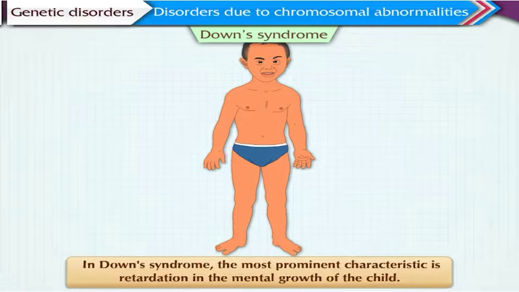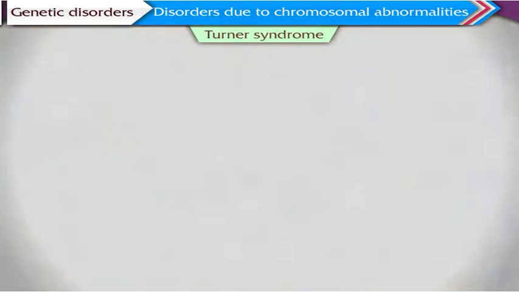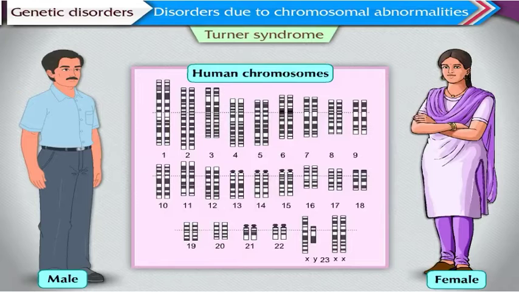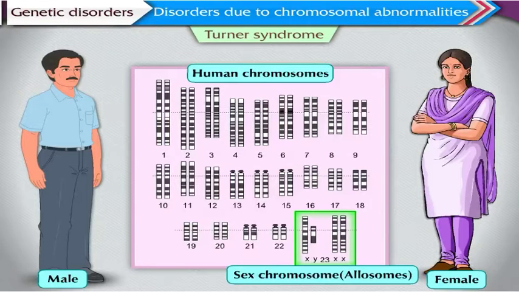Turner syndrome. Among the 23 pairs of chromosomes in human beings, there is only one pair of sex chromosomes. If abnormalities are produced in sex chromosomes, certain disorders arise. Turner syndrome is one of them.